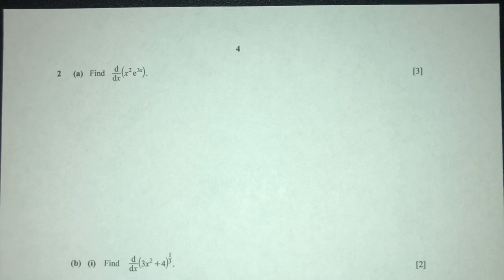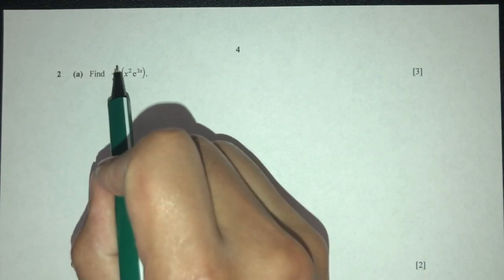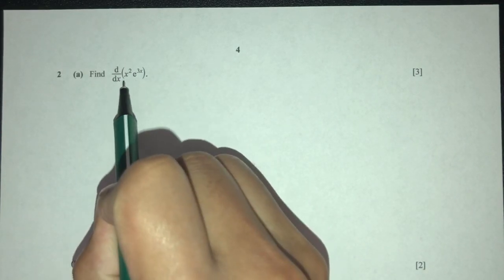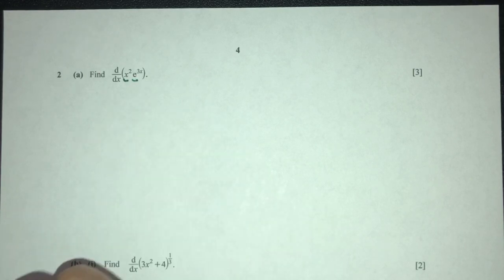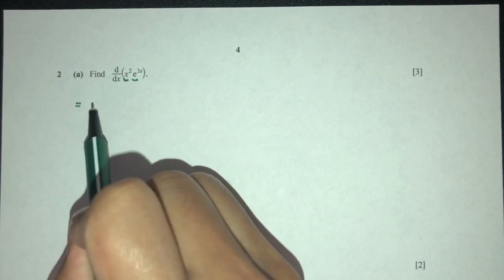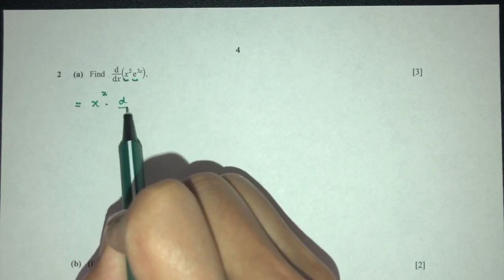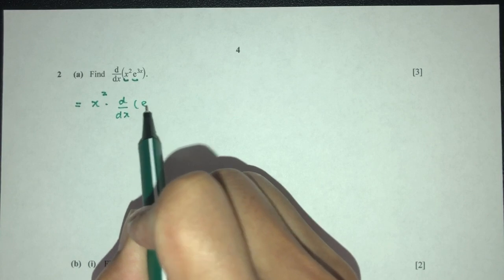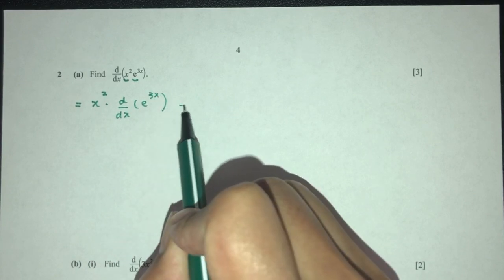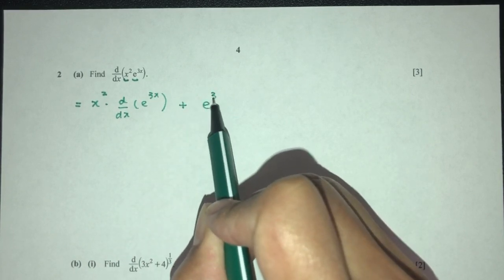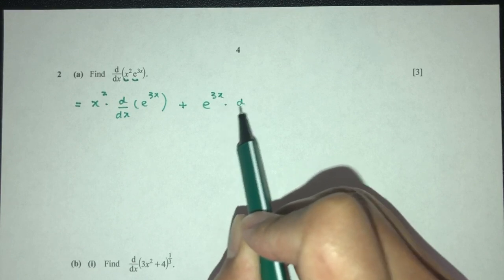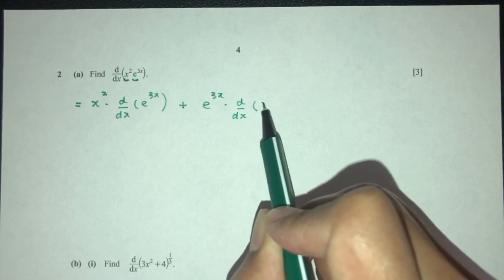Now, let's move on to question number 2. So here we have to find d by dx of this. As you can see, this is a product of two functions. So obviously, we'll have to use the product rule. Pretty easy. We leave the first thing as it is and find d by dx of the second one, plus the second one as it is multiplied by d by dx of the first one.